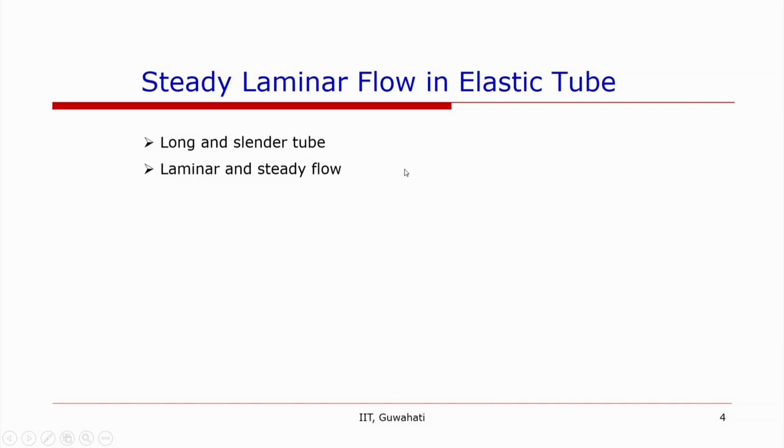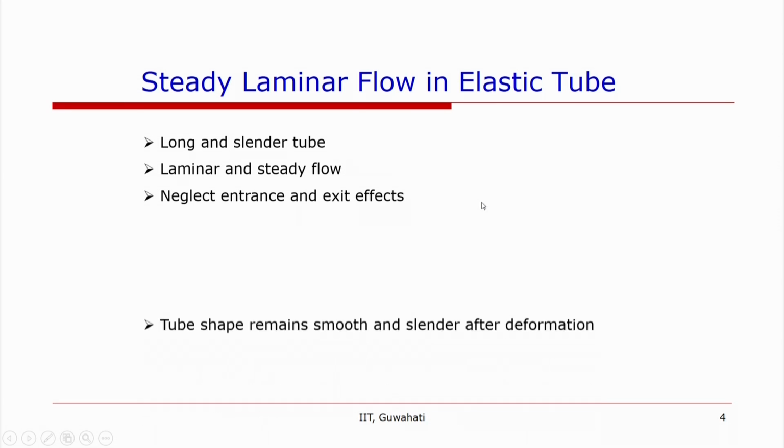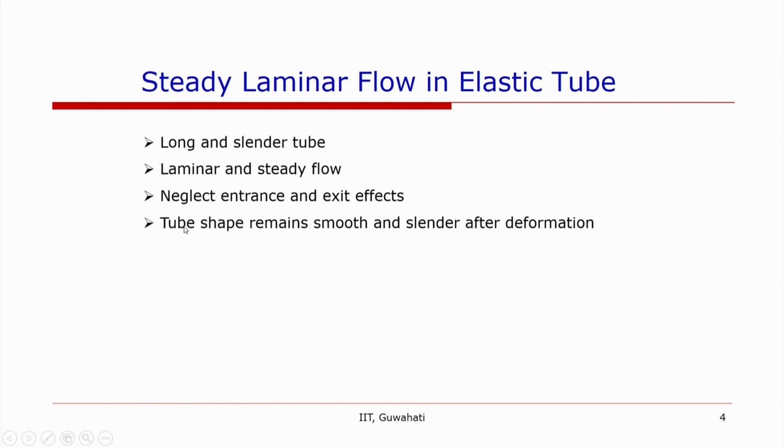The flow is laminar and steady, which is the assumption in this part of the problem anyway. We also assume that with the deformation there are changes in the shape of the tube, but the inner surface remains smooth and remains a cylinder even after the deformation. So, in such cases Poiseuille flow is a good approximation.